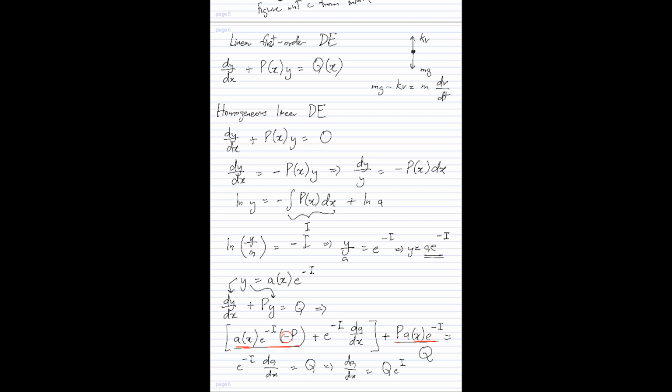So I can then solve for a. a of x is equal to the integral of q e raised to power I dx, and I also have a constant over here, plus c. Now let me plug this back in.